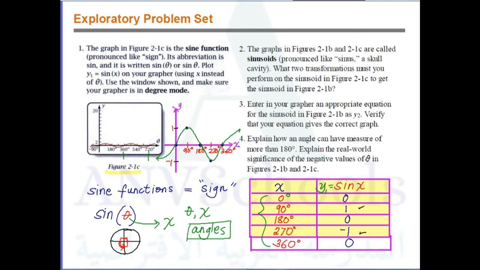Number 2, the graphs in figures 2-1b and 2-1c are called sinusoids. Pronounced like sinus, a skull cavity. So what 2 transformations must you perform on the sinusoid to get the sinusoid in figure 2-1b? So from 2-1c to 2-1b.